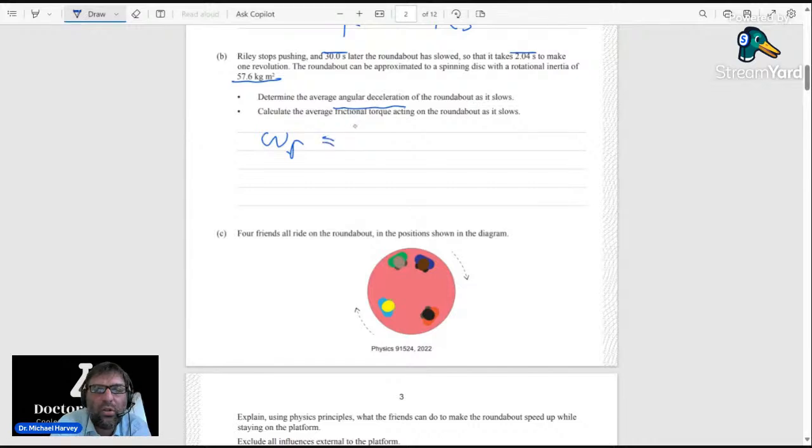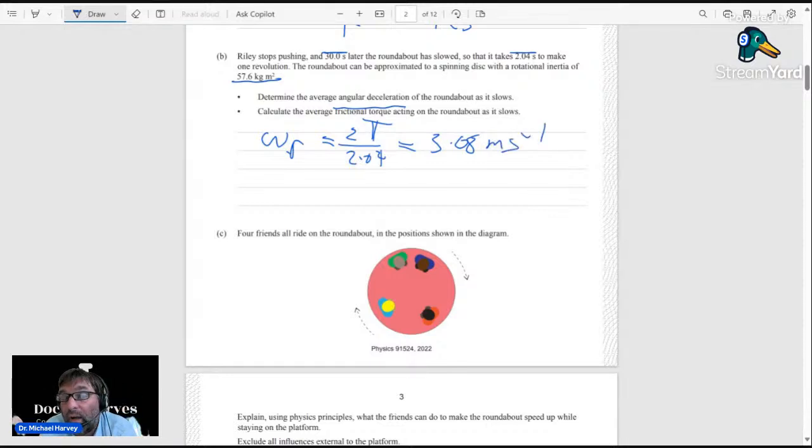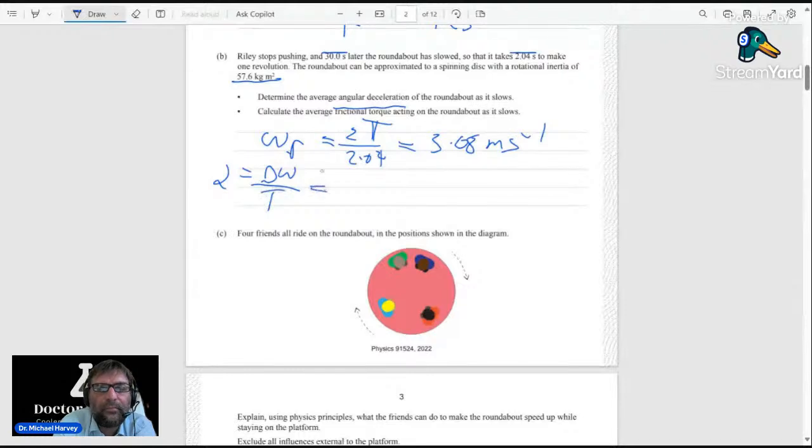So again, it's going to be 2 pi over 2.04, which gives us a final angular velocity of 3.08 radians per second. So we've got a final angular velocity and an initial angular velocity, so we can work out the angular acceleration, because the angular acceleration is the change in angular velocity over the time period.